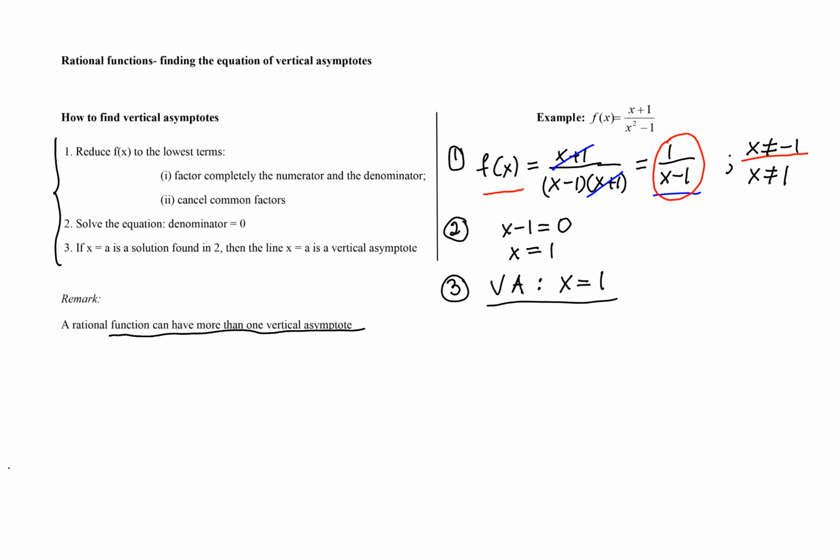And if x is close to -1, the values of 1 over x minus 1 will be close to -1/2, and therefore it will not result in values that are large, either positive or negative, and therefore there is no asymptote at x equal -1.